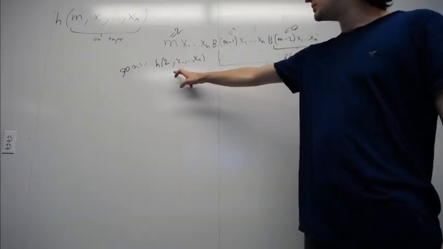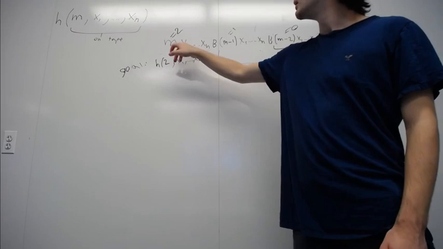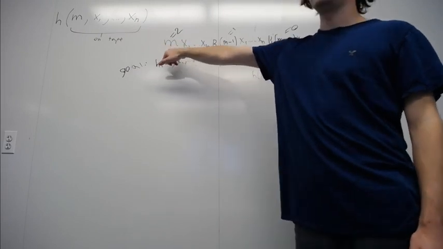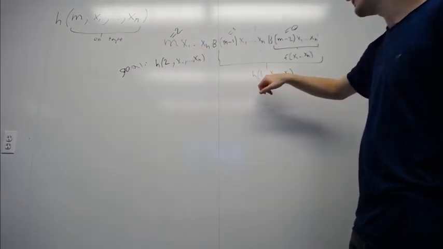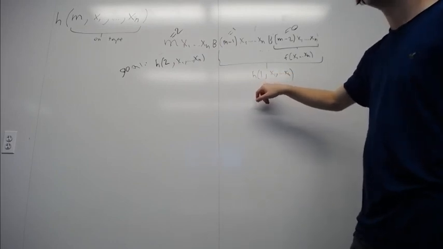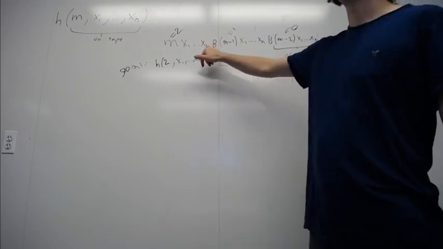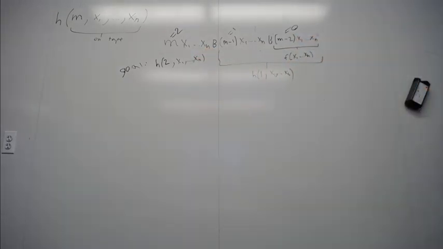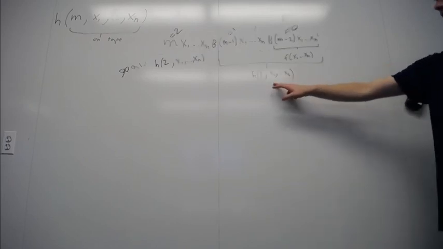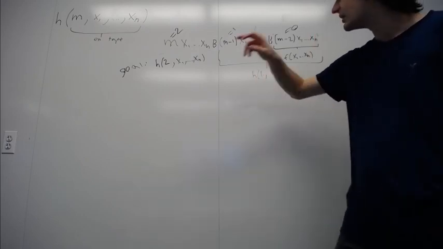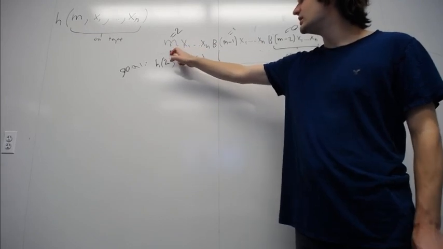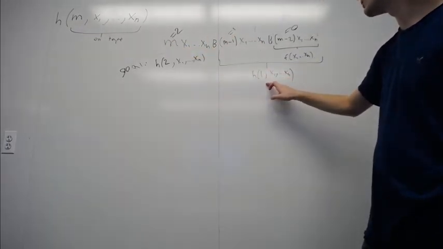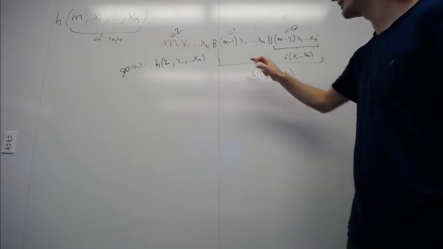Here too, we compute h2 of x1 through xn by the current level of recursion, the previous h, which is h1 here, and our original input. Does that make sense? So it's g of 2 of h1 and x1 through xn.